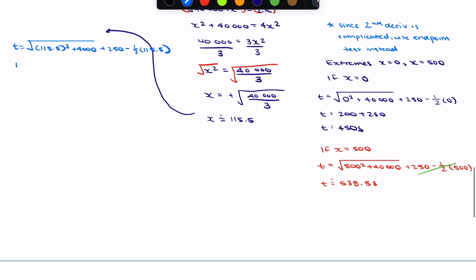And here we get t is equal to approximately 423.2 seconds. And so here we see that even with the extremes, this value of 423.2 seconds is going to be our minimum.